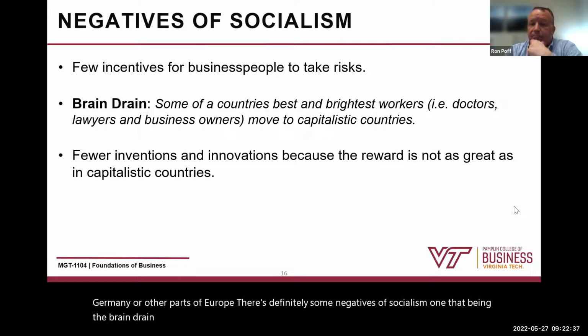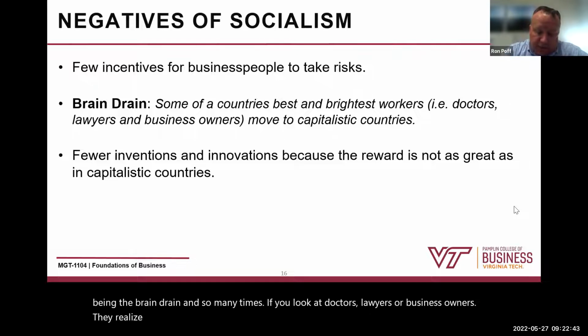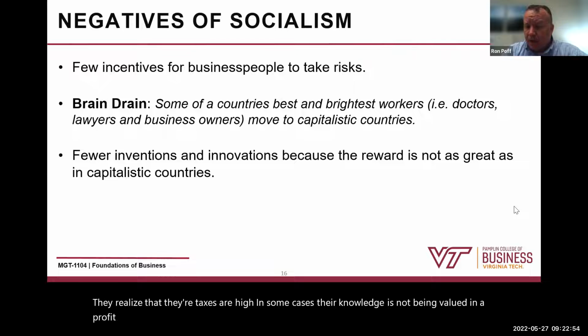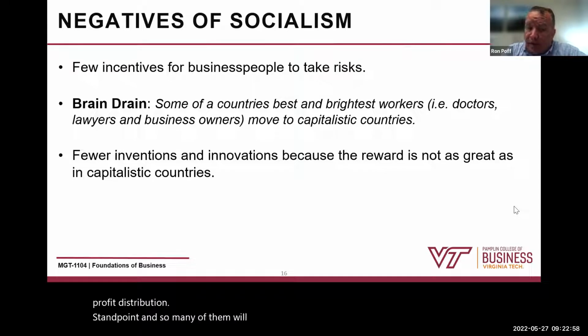And so many times, if you look at doctors, lawyers, or business owners, they realize that their taxes are high. In some cases, their knowledge is not being valued from a profit distribution standpoint. And so many of them will leave, and that's why it's referred to as brain drain.